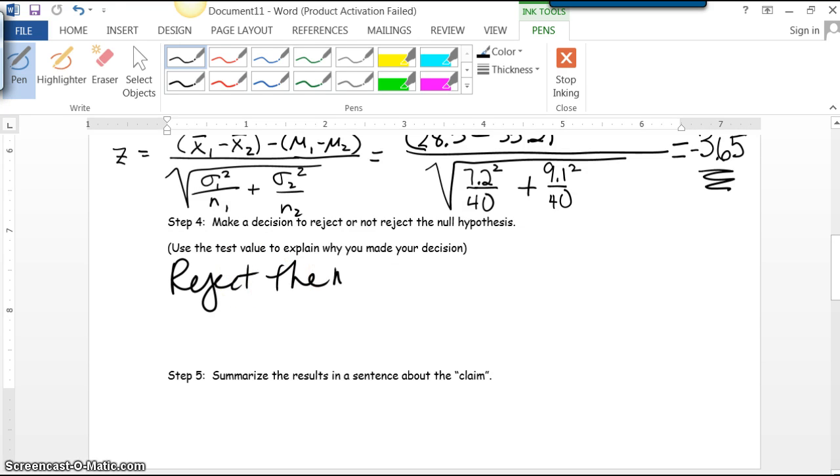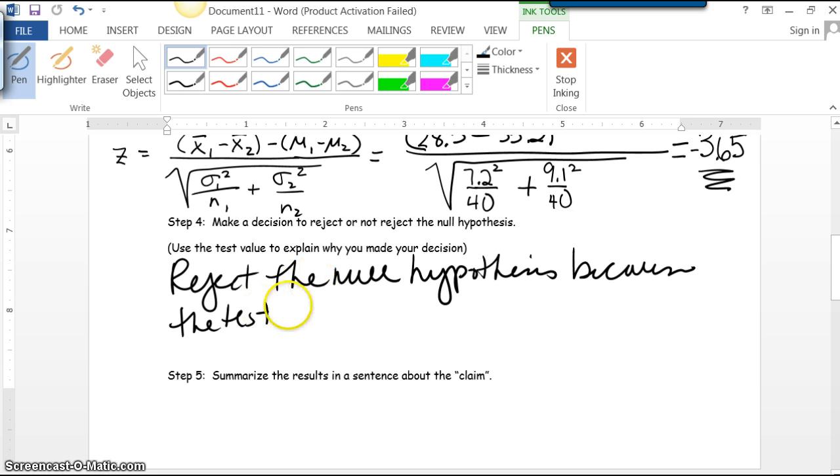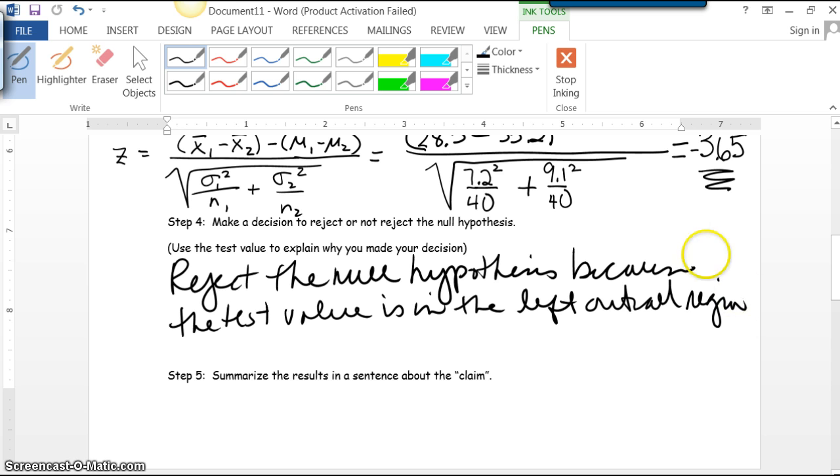So we're going to reject the null hypothesis because the test value, the negative 3.65, is in the left critical region. So we're rejecting the null hypothesis.